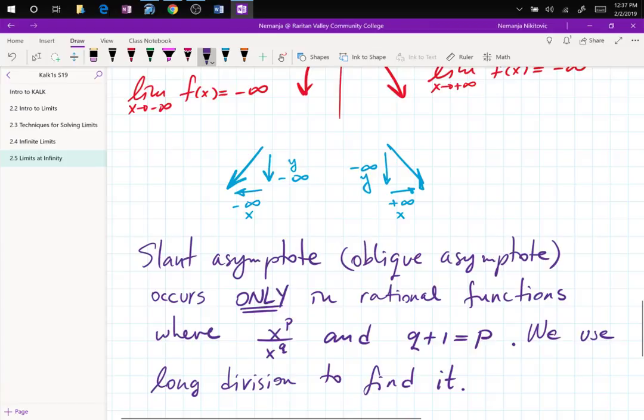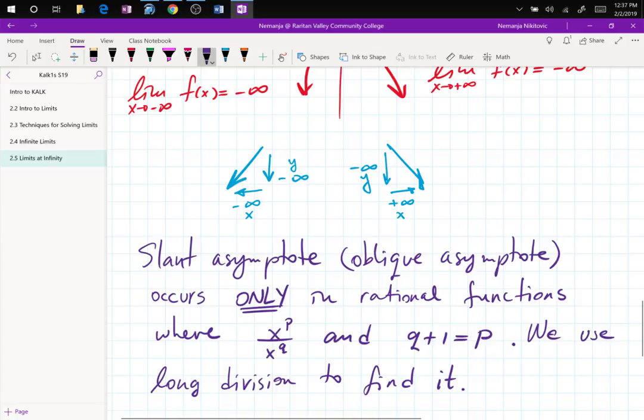More on this when we need them, and that would be somewhere in chapter 4. They shuffle the sections around, maybe 4.4 or something like that, where we have to graph by hand. We learn how to graph. We will have to find horizontal, vertical, and slant asymptote, whatever they have. So we will use this long division of polynomials then.